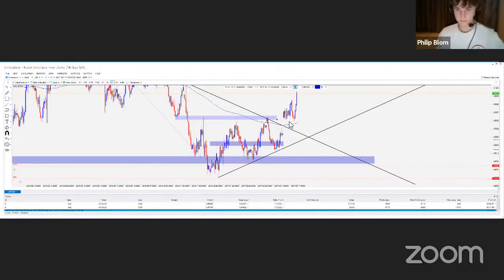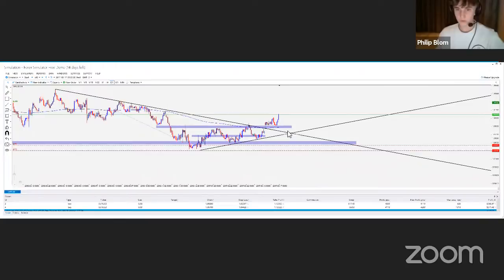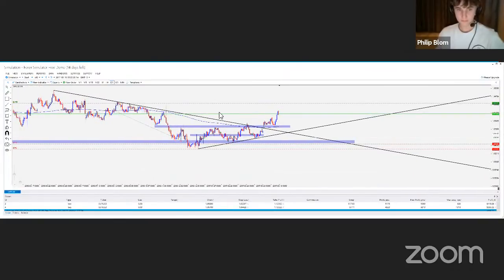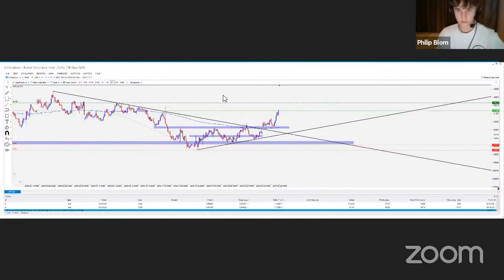Could argue, yeah, this was probably 38.2. I'm going to adjust my TP if I can do that. Yep, just drag it up. A small movement, but it will make a pretty big difference in my risk reward.